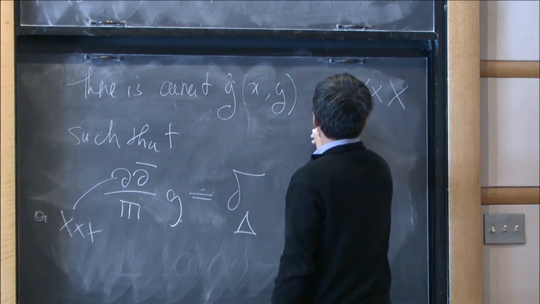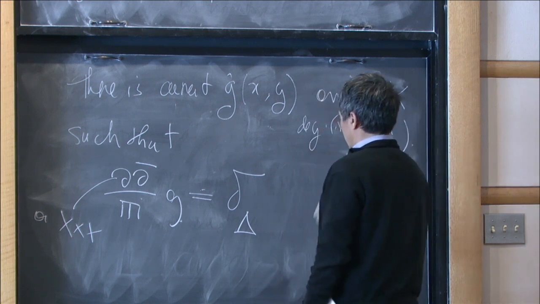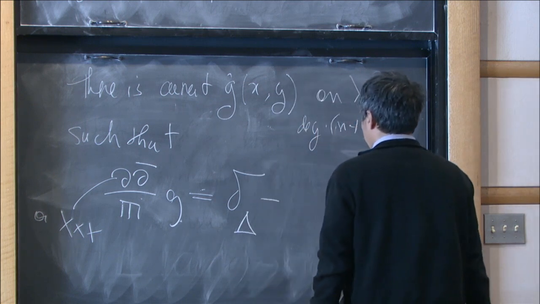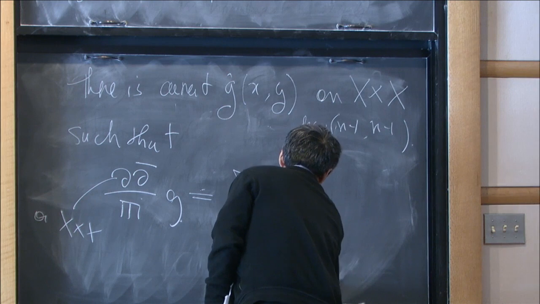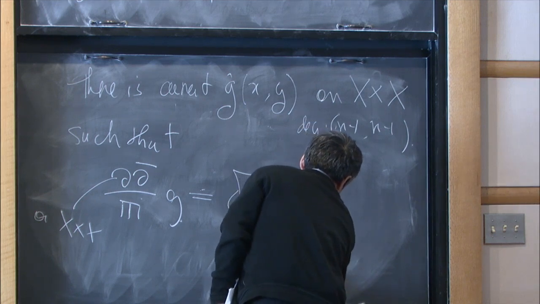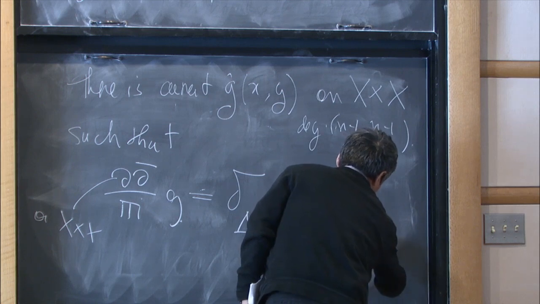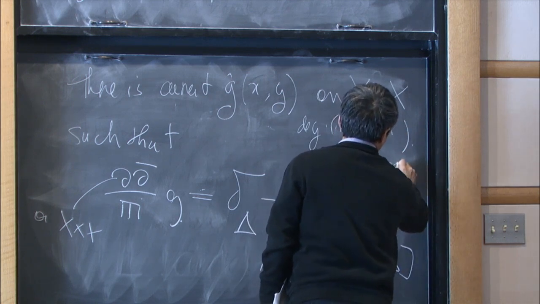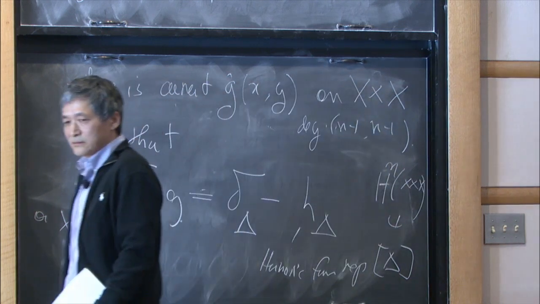So this current is of degree (n-1, n-1), minus the harmonic form, a harmonic form representing the class of delta inside the cohomology of X cross X. So you have such a class.